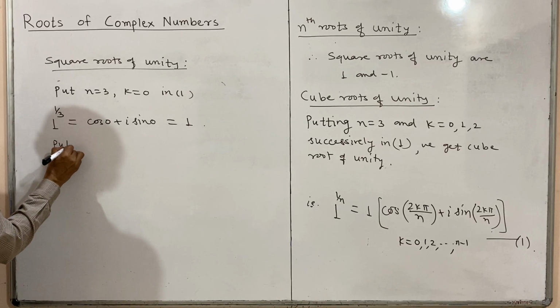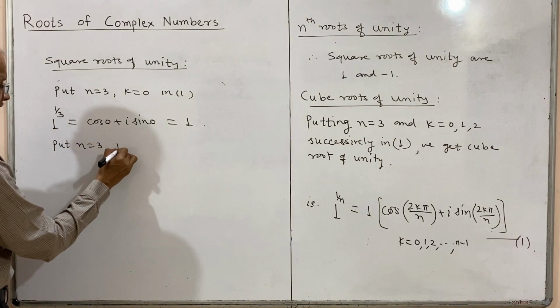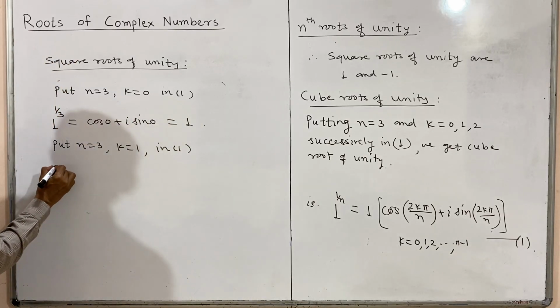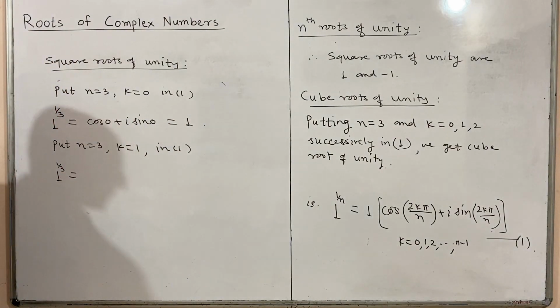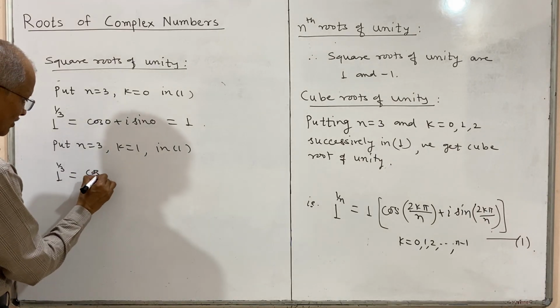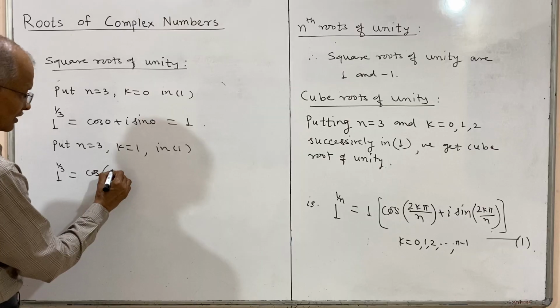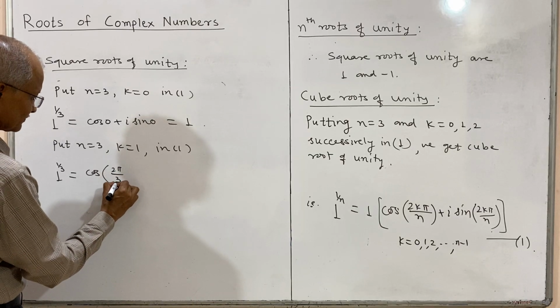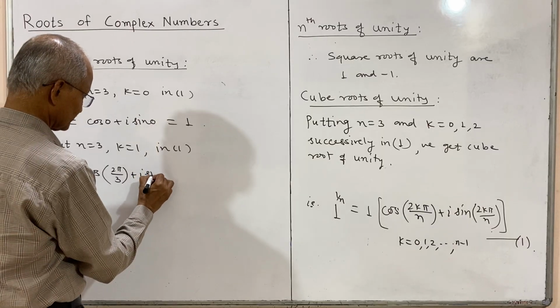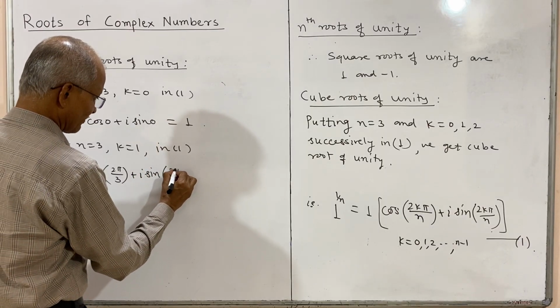Put n is equal to 3 and k is equal to 1 in 1. What we shall get is 1 raised to 1/3, that is cube root of unity, as cos 2 pi by 3 plus i sin 2 pi by 3.